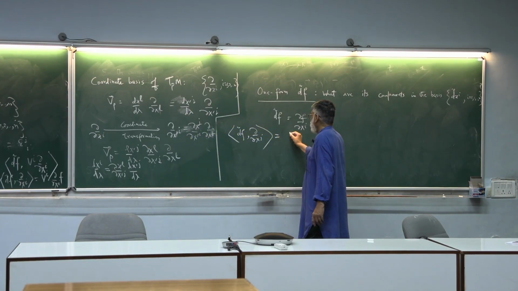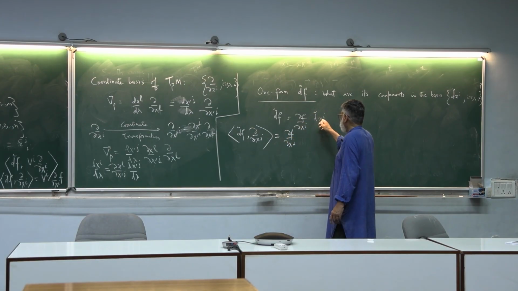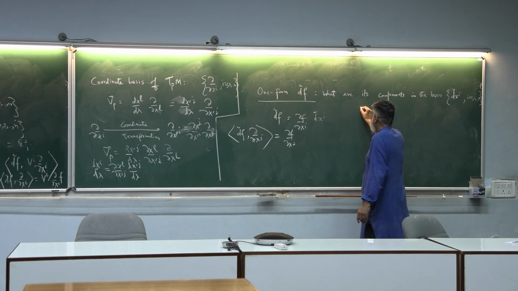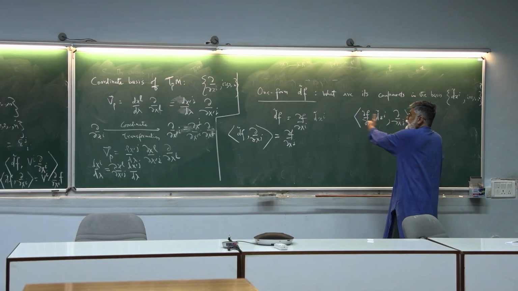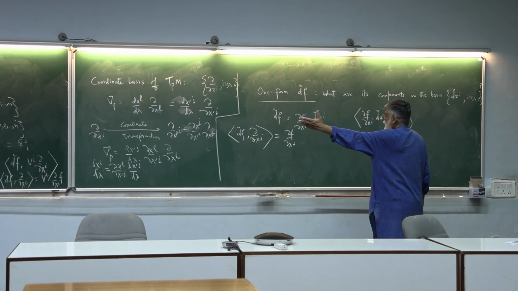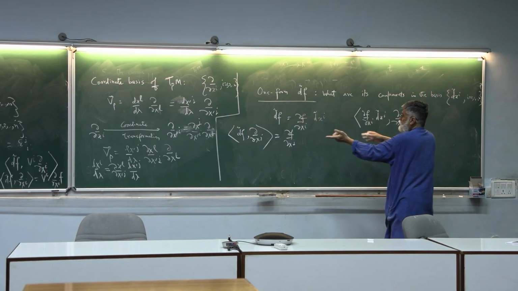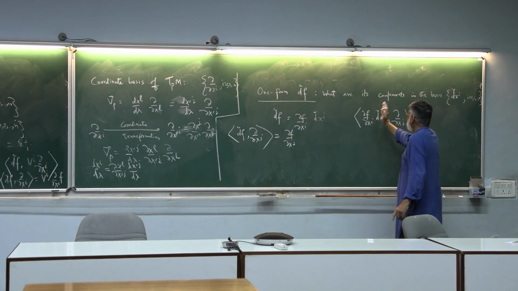This is nothing but del f by del x^j. And so is this, because this object dx^i, when you take it with del by del x^j, again this bracket is linear. I should have mentioned, but I didn't, that it is linear both in the right argument and also the left argument. So this can go out.